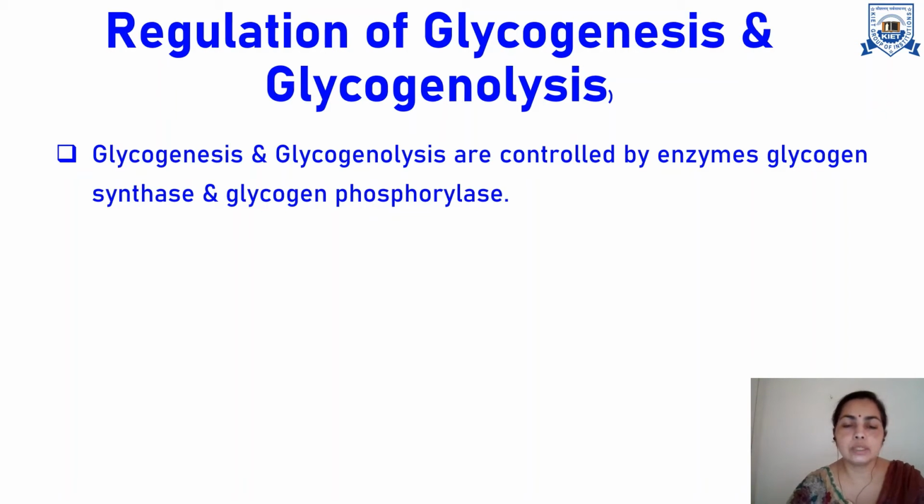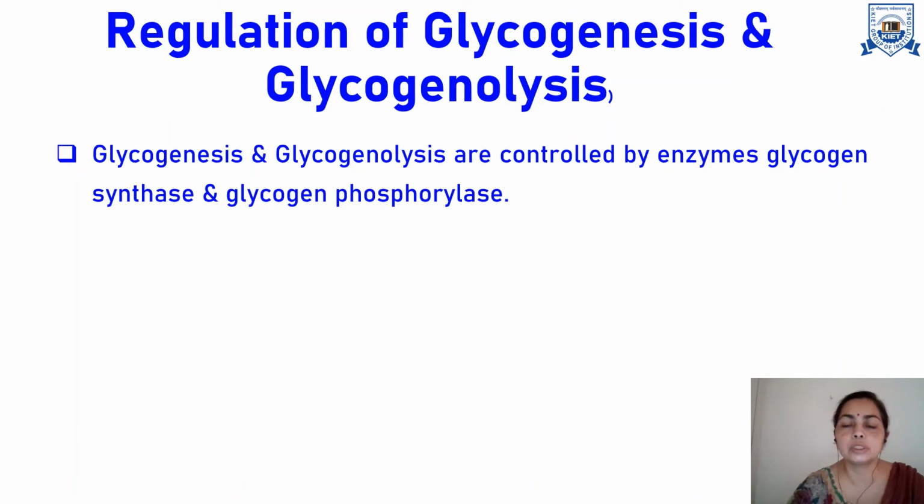So in this way glucose is provided, and in the next part we will see the regulation of glycogenesis and glycogenolysis. This process should have some regulation. These are controlled by two important enzymes. The first one is glycogen synthase, which initiates glycogenesis, and the second important enzyme is glycogen phosphorylase, which initiates the breakdown of glycogen.